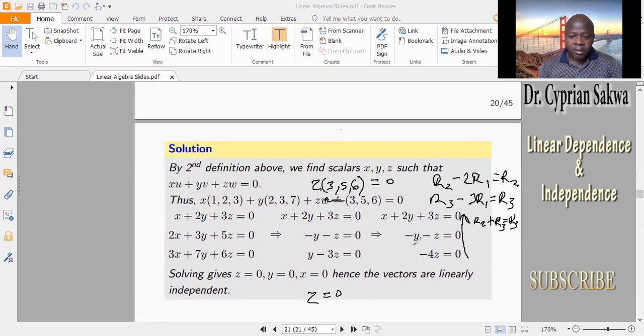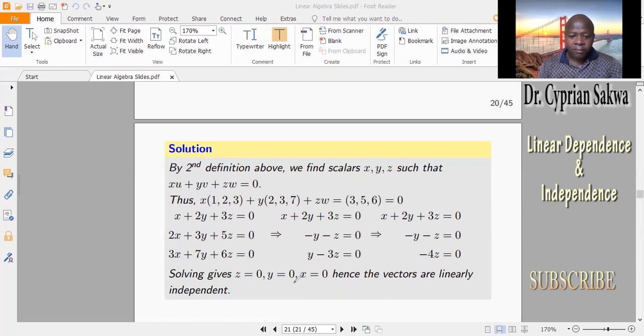So when z is 0, moving to this second equation here, putting 0 in place of z, you would obtain that y will also be 0. Then going up to the first equation again, you will obtain that x is also 0. So we found that the scalars are all 0. x is 0, y is 0, z is 0.